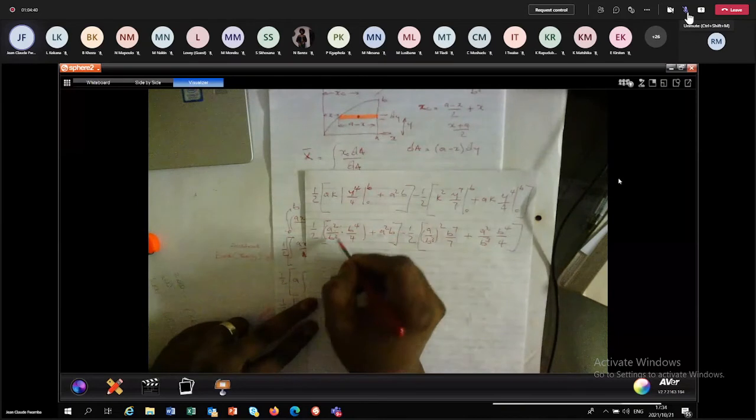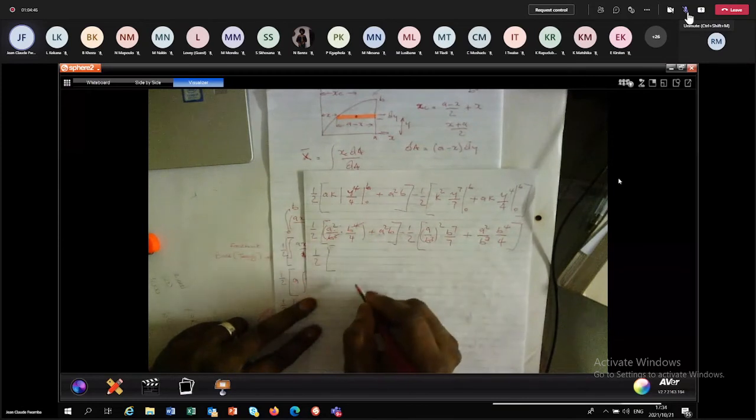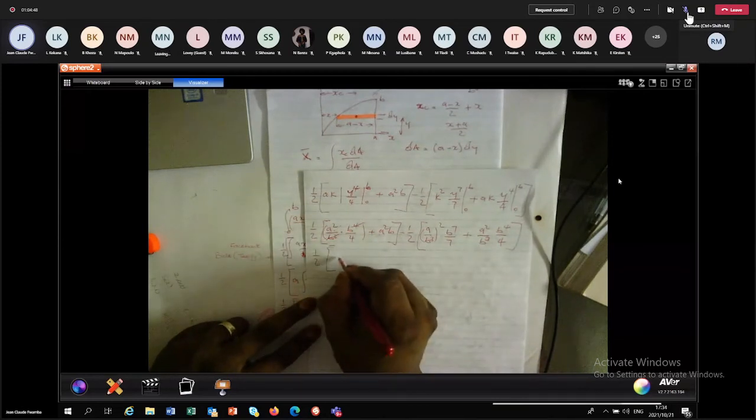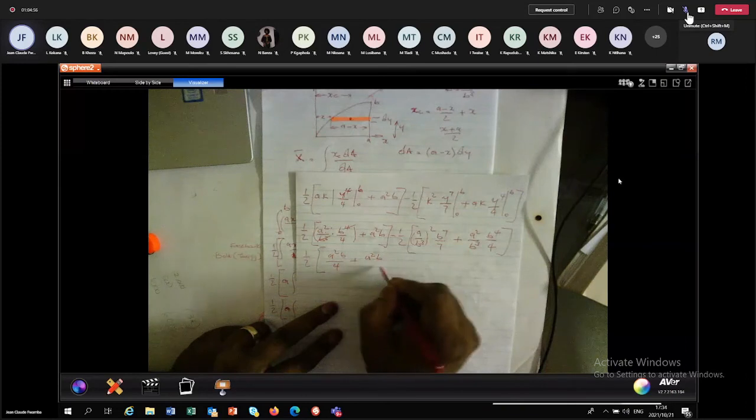So this will give me 1 over 2, so this will go away. A b over 4 plus a squared b, minus 1 over 2. This will be, what am I?